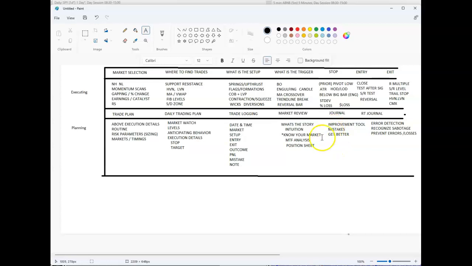So the journal is the most important tool for improvement. Many people have talked about this, but long story short, you get rid of the errors by using a journal.